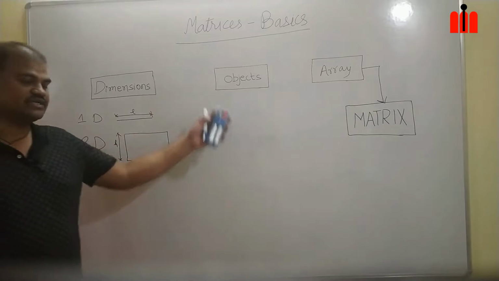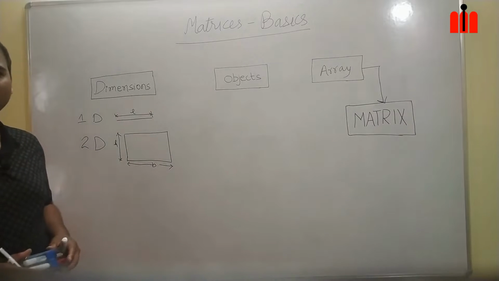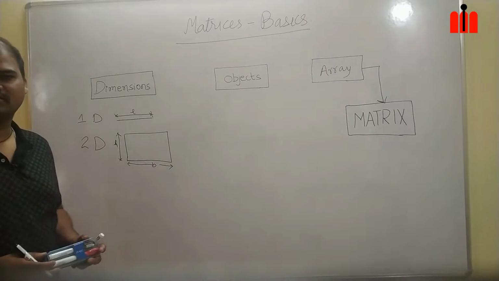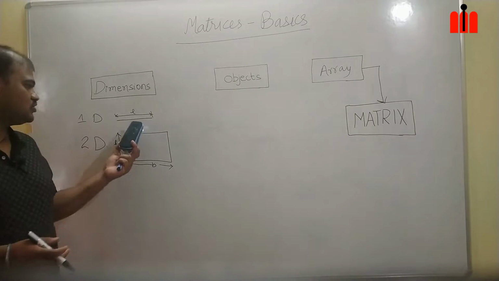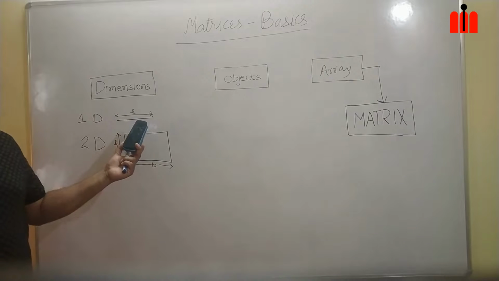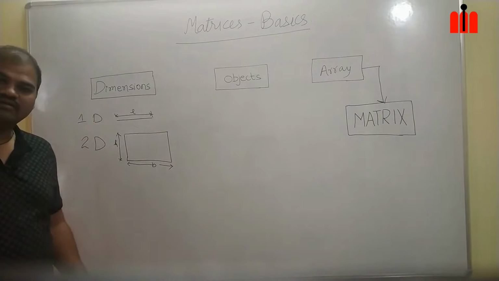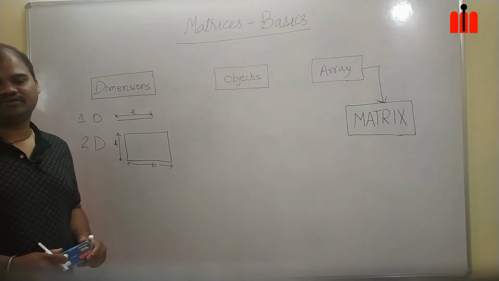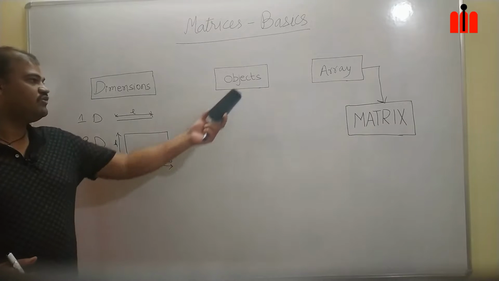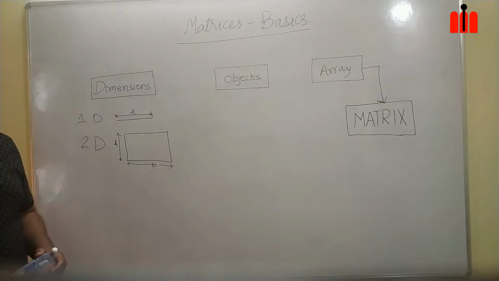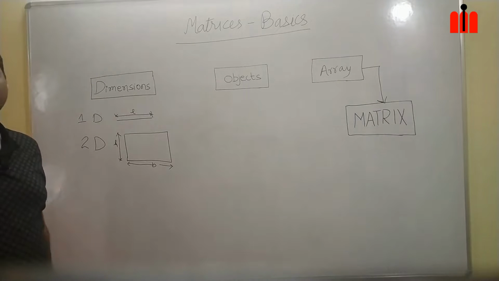Now let's move on to objects. What are objects? Objects are some things. This line is an object. This quadrilateral or rectangle is also an object. When we go for objects, it will be a number of objects.